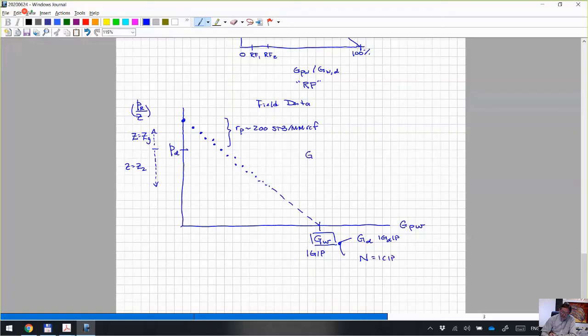GW is equal to GD plus the initial condensate in place.